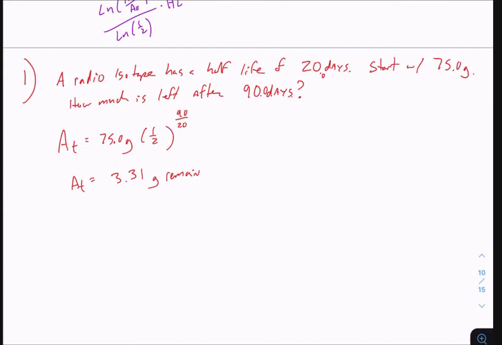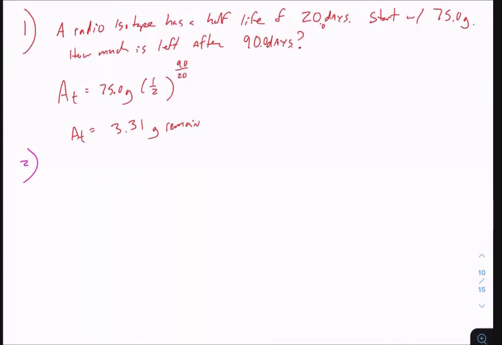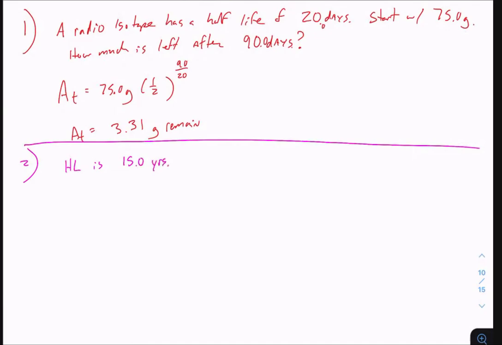Okay, all right. Let's try another one. Let's do one of the second variety. So, the half-life of an isotope is 15 years. Oh, get my sig figs right. 15.0 years. And 225 years have passed.